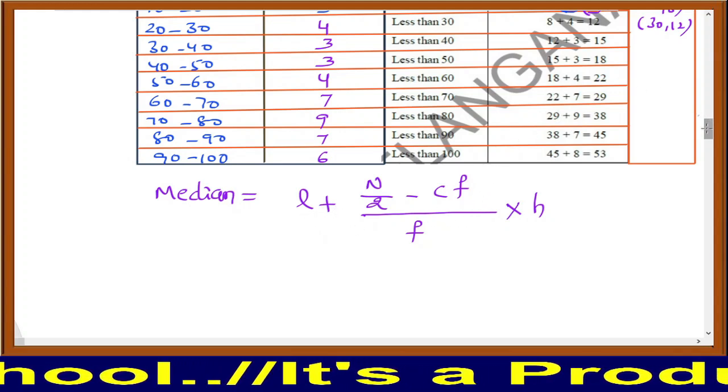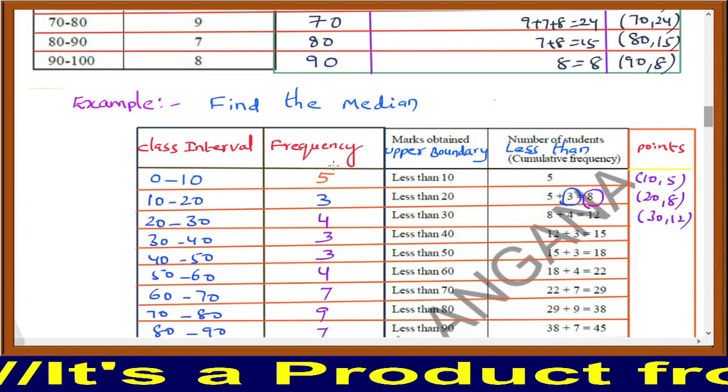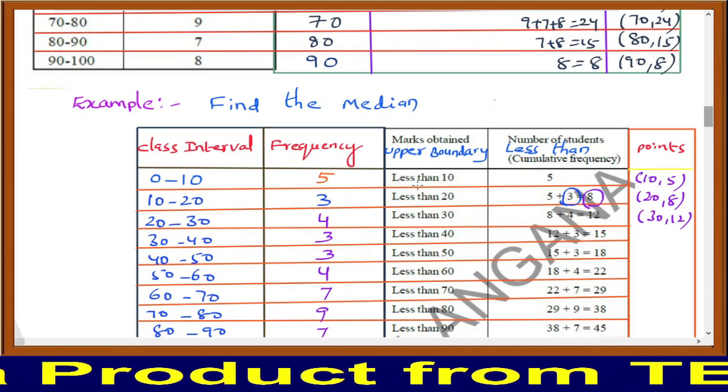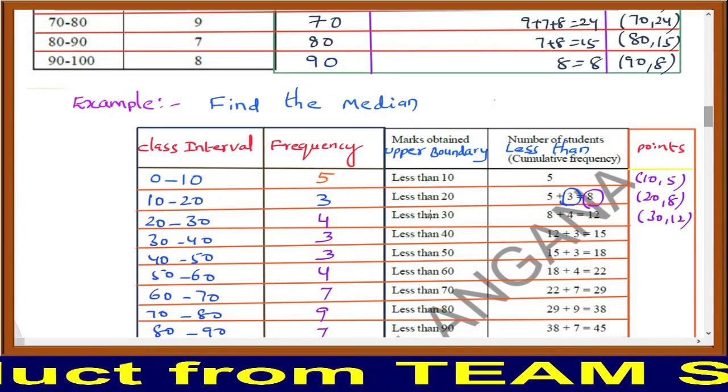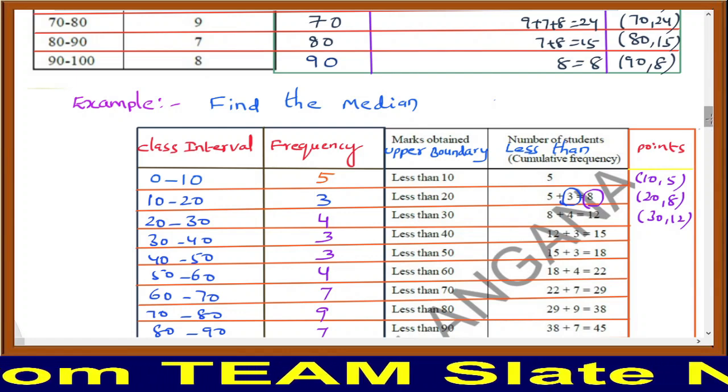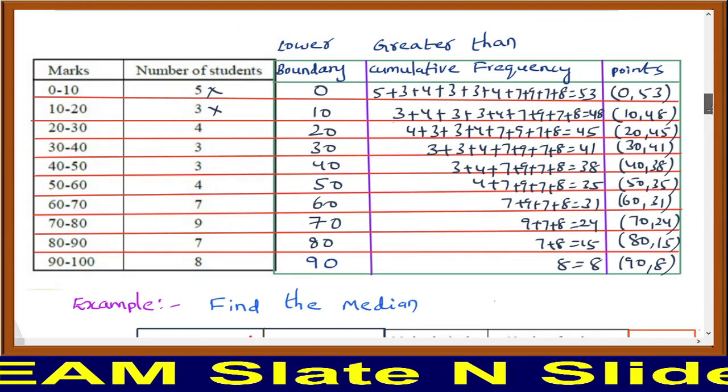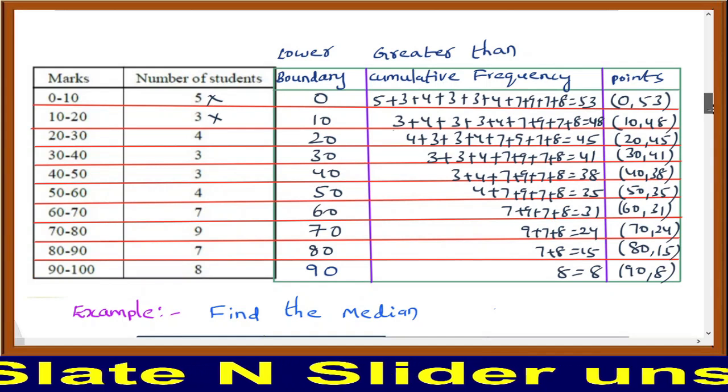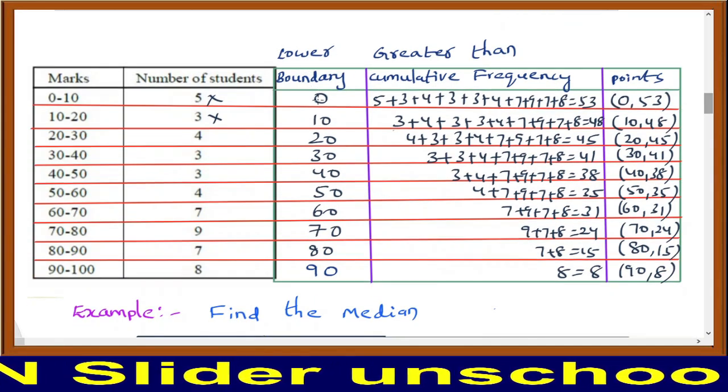And suppose in some questions you will be given more than 10, more than 20, more than 40. So if you are given more than 10, more than 20, then that will be the lower boundary. Just observe.